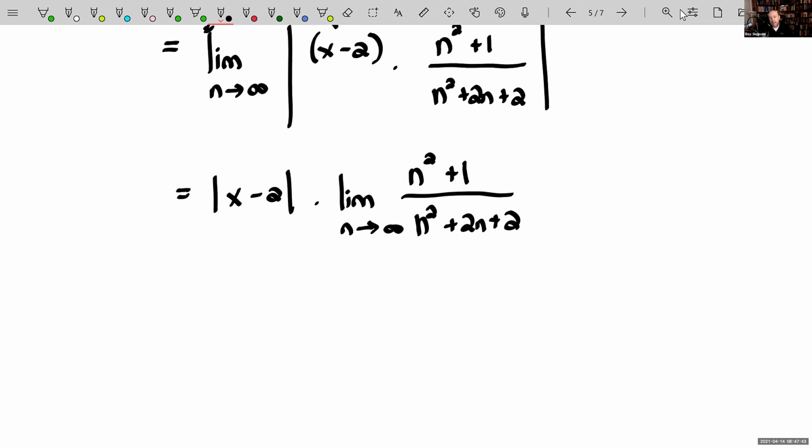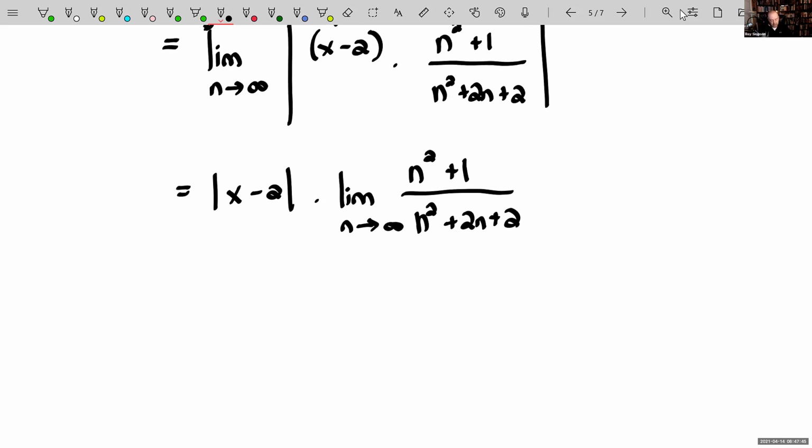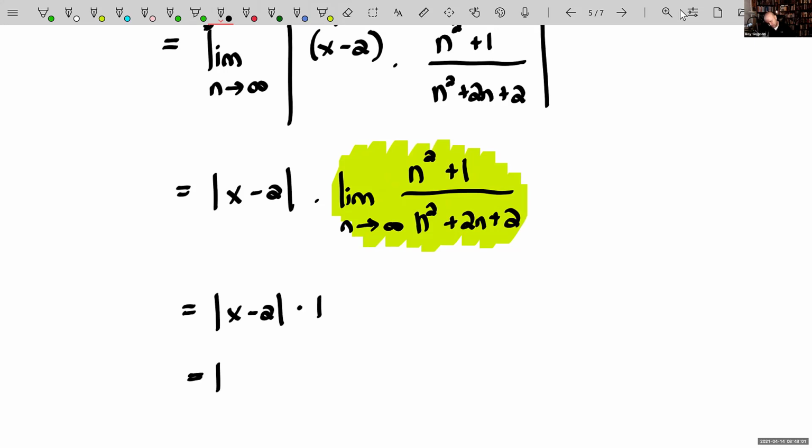So we get to this point right here, and notice that limit does not tend to 0. What does that limit tend to? 1. Okay, great. Thank you. So this is going to be the absolute value of x minus 2 times 1, or in other words, the absolute value of x minus 2.